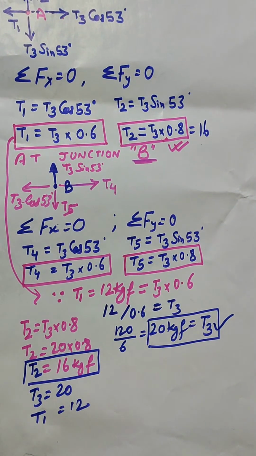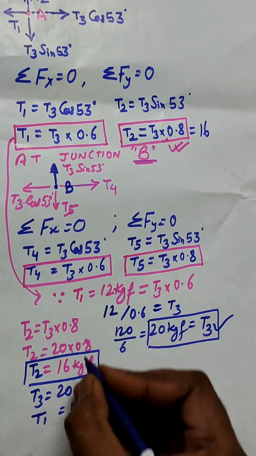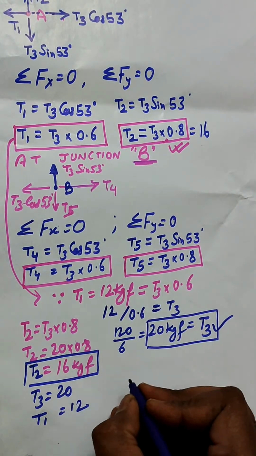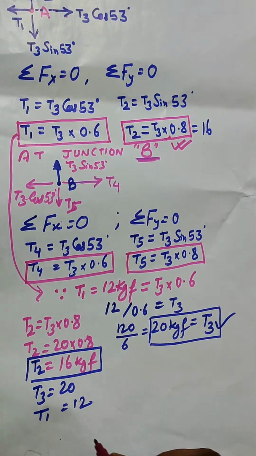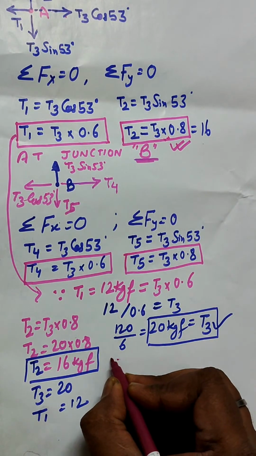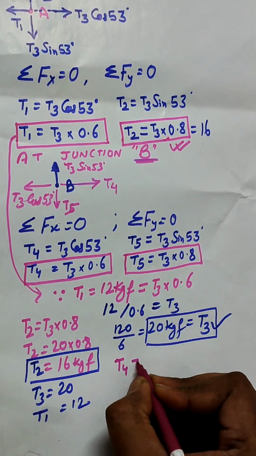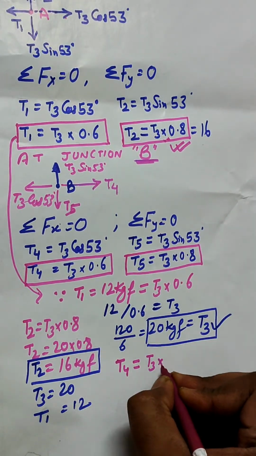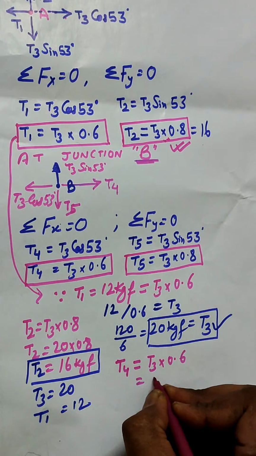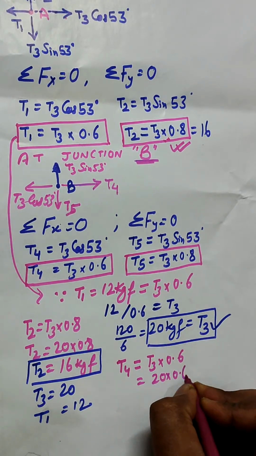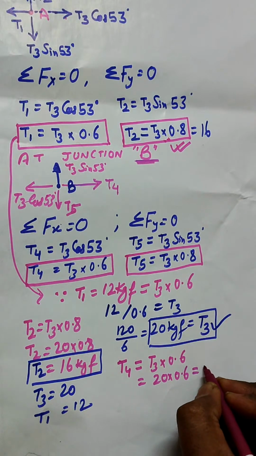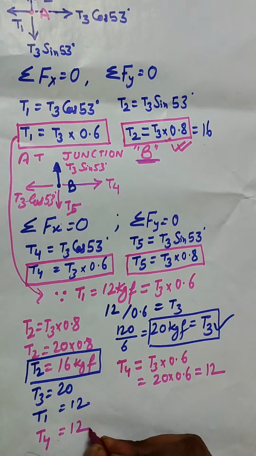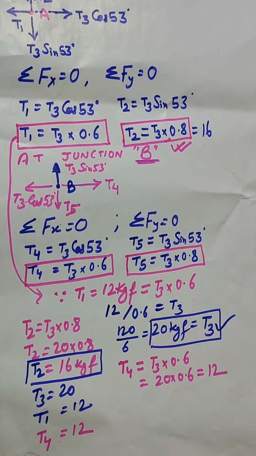Now what is the value of T4? From the above equation, T4 equal to T3 into 0.6. That means 20 into 0.6, which is equal to 12. So T4 is also calculated as 12 kgf.